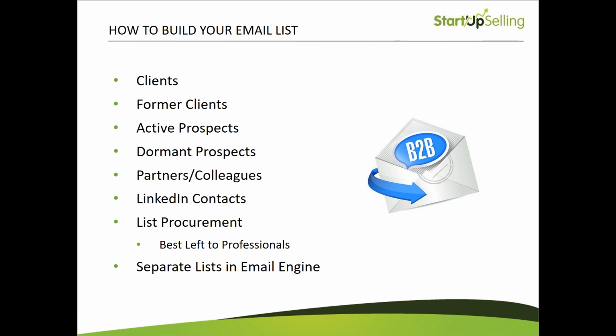Hopefully you've been asking for emails for many years. If you haven't, or you don't feel like you have complete email records for all your clients, have a contest in the office for your service staff to see how many email addresses they can add to the system and give somebody a free gift card. If you're doing that, you'll also build an email list of your former clients. Anybody who leaves that you may want back, you'll have their email in your system.